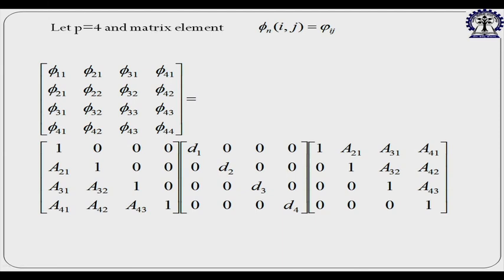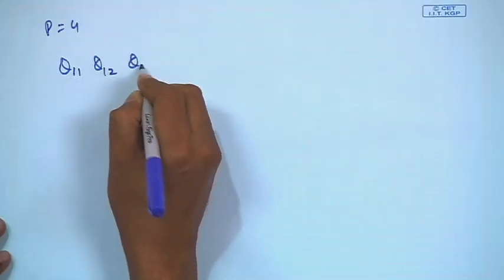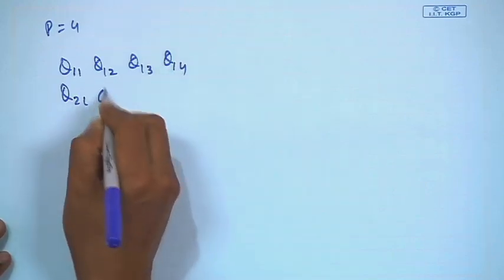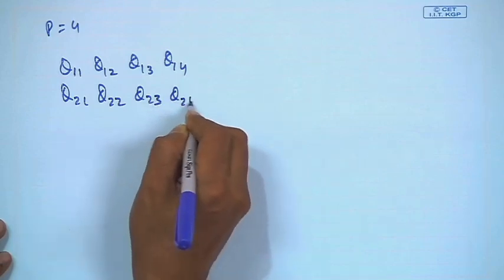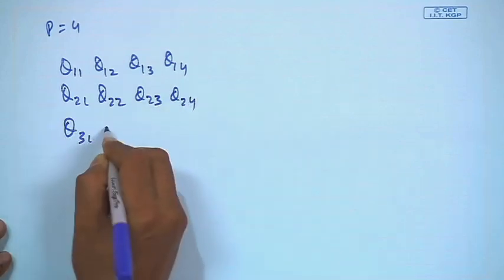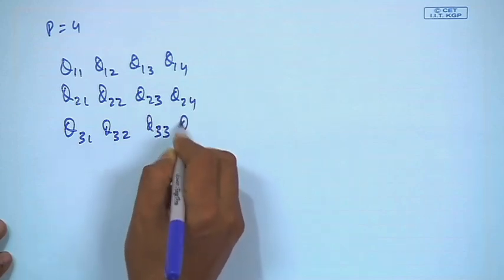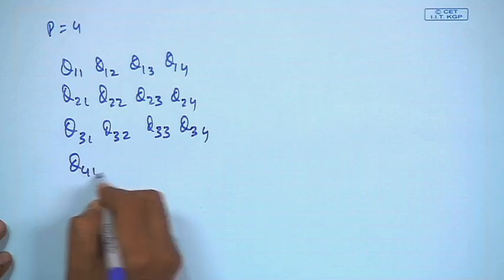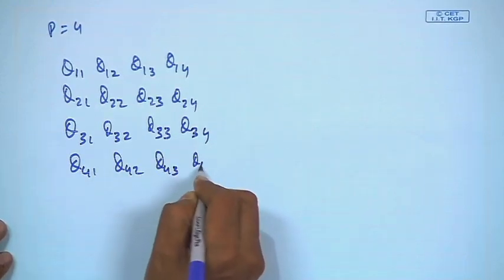So phi is phi 1 1, phi 1 2, phi 1 3, phi 1 4, phi 2 1, phi 2 2, phi 2 3, phi 2 4, phi 3 1, phi 3 2, phi 3 3, phi 3 4, phi 4 1, phi 4 2, phi 4 3, phi 4 4.